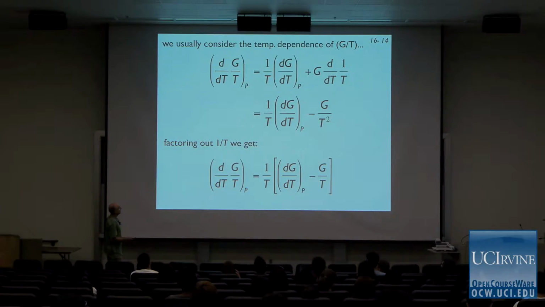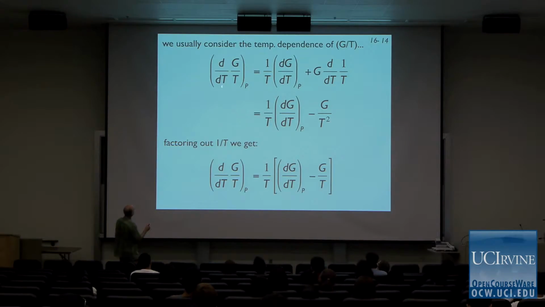Now, we can also think about the temperature dependence of this quotient, the Gibbs energy divided by the temperature. And the reason people do that is because there's a compact mathematical form for what that temperature dependence is.